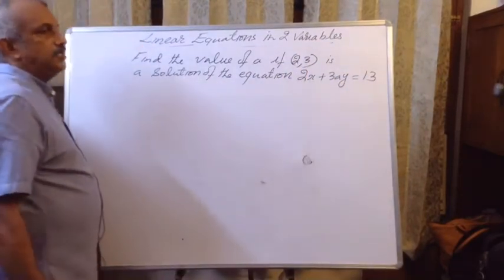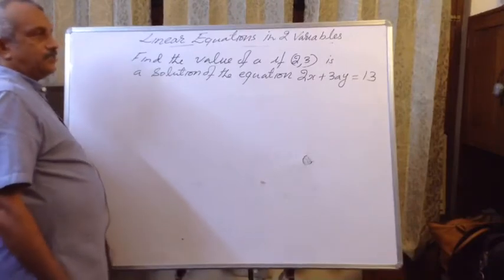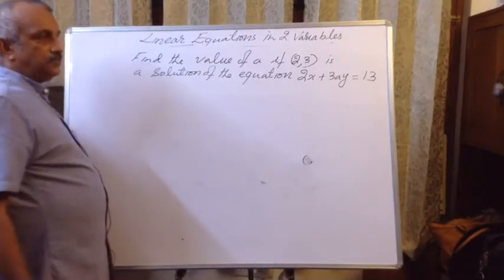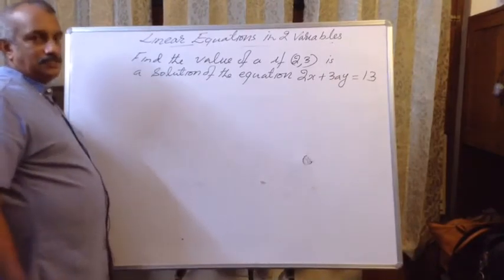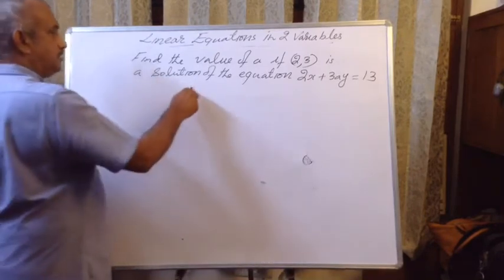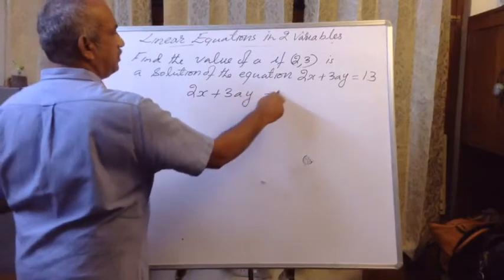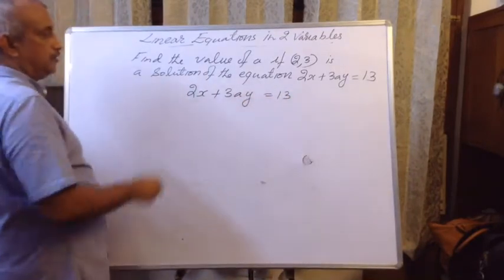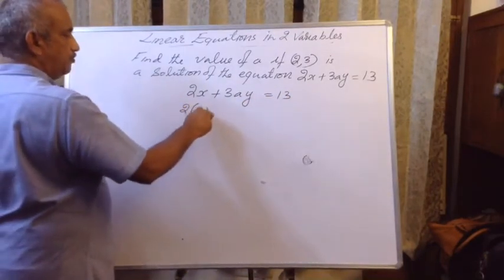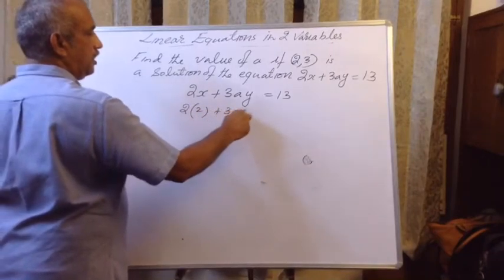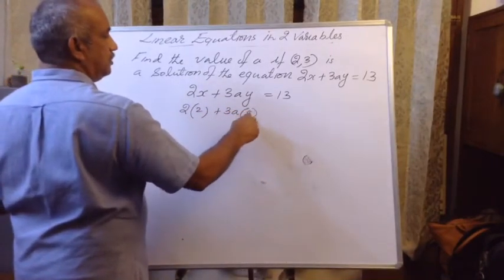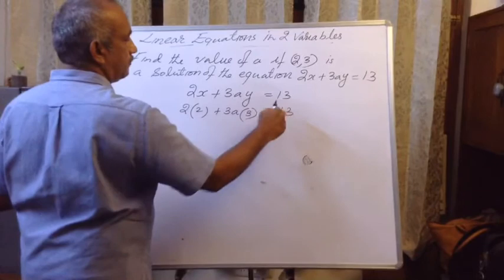That means if you put x is equal to 2 and y is equal to 3, we should get LHS is equal to RHS. That is 2x plus 3ay is equal to 13. So 2 into 2 plus 3a into 3 is equal to 13.